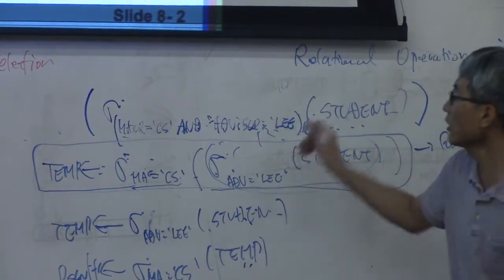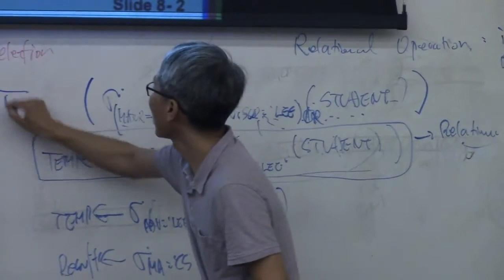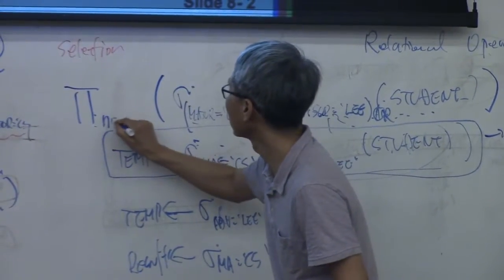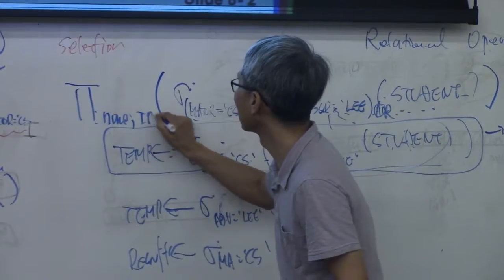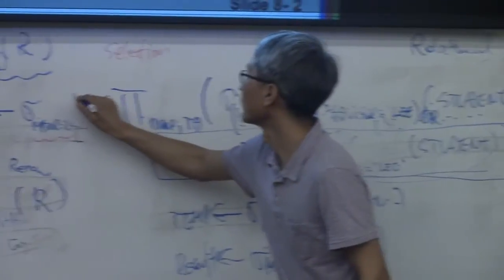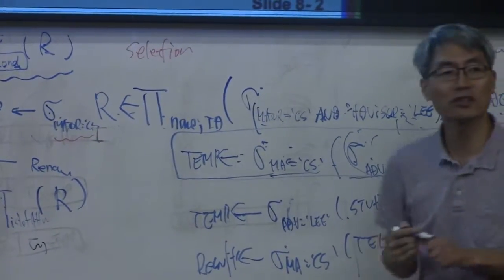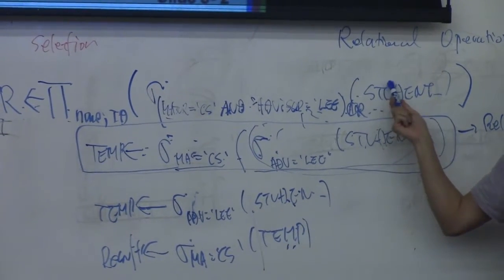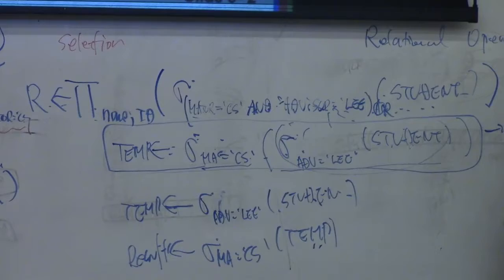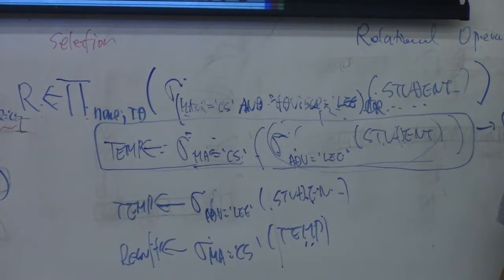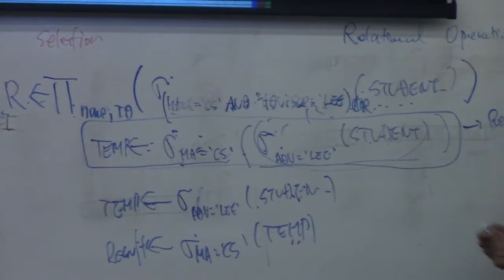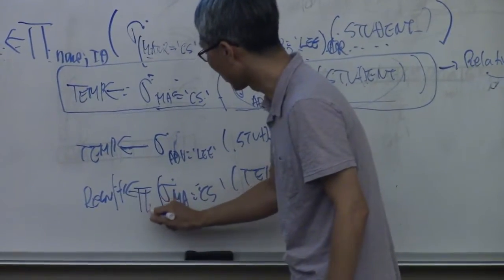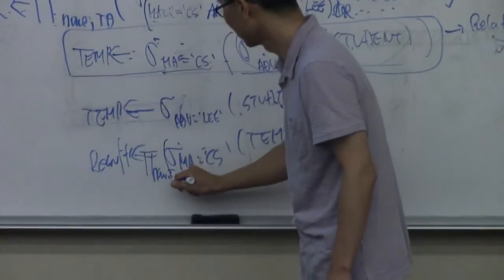This is a relation and pi with name, comma, ID, and return the result. You can use it in such a way. This is a relational algebra expression. You can create the relational algebra expression. And what about here? The final output you can apply here, name, ID.